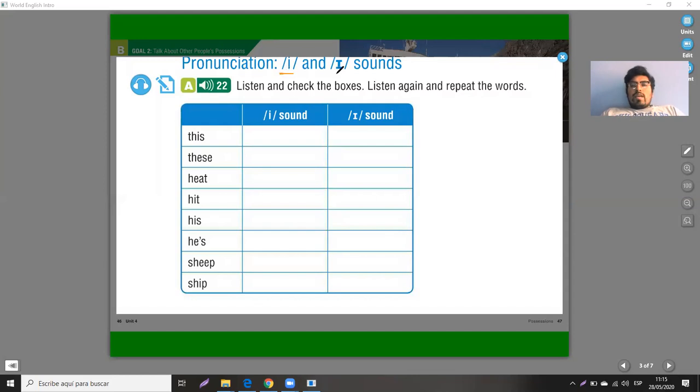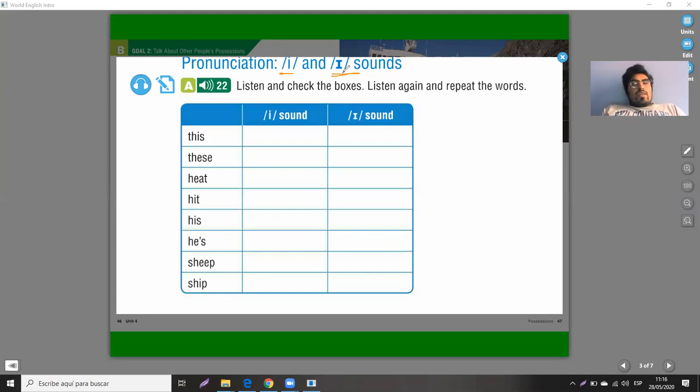They sound similar, not the same, similar, okay? So repeat after me.